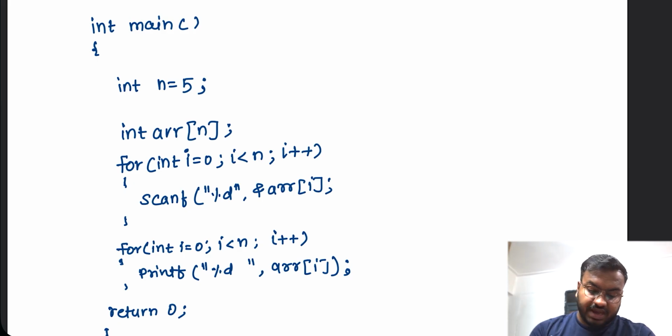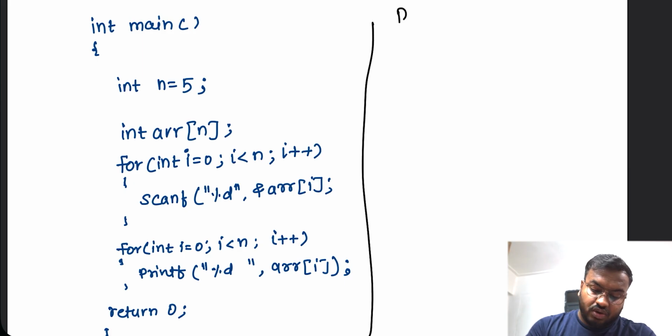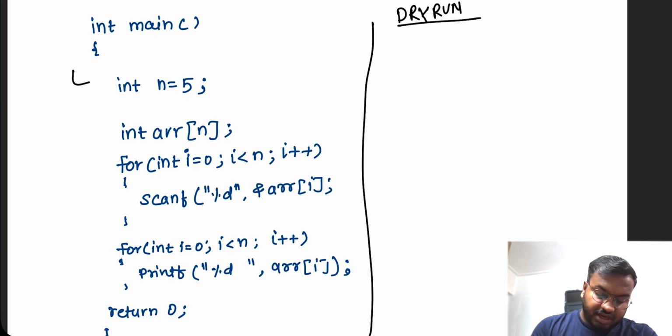Now if you do the dry run of this code, see, execution starts from the main function, so your compilation as well as execution will start from this particular line. int n equals 5, so a variable with value 5 will be created.